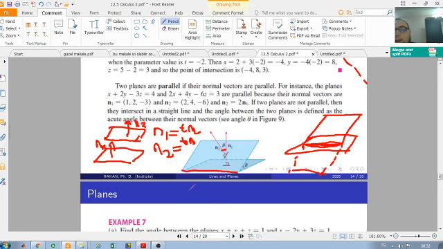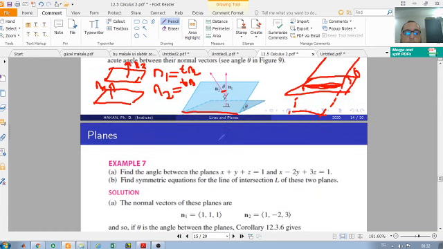If two planes are intersecting, we get a line like this. Then they intersect in a straight line, and the angle between two planes is defined as the acute angle in this one. Okay, this is the angle of the planes. They are not parallel, like their normal vectors actually.